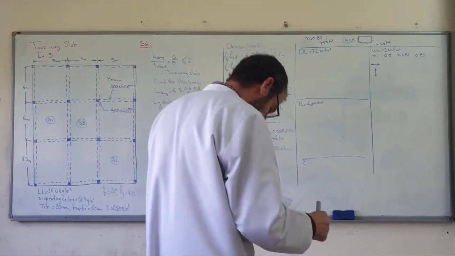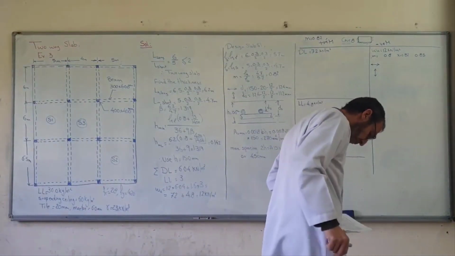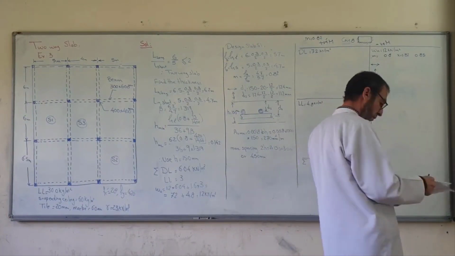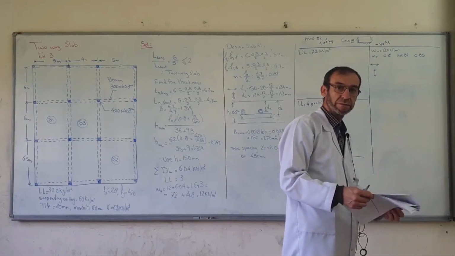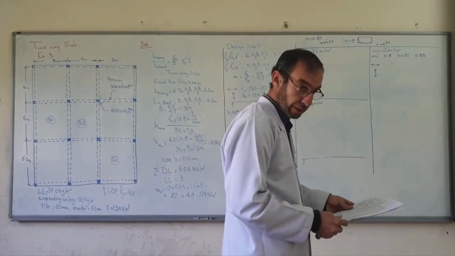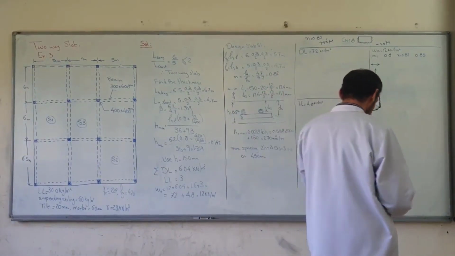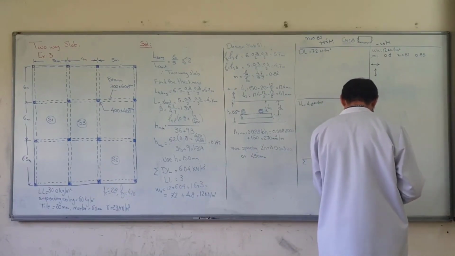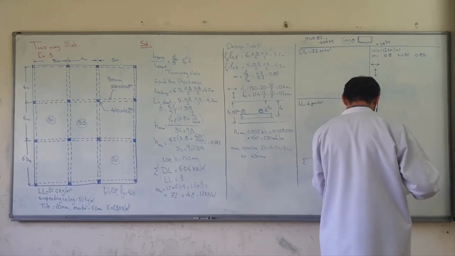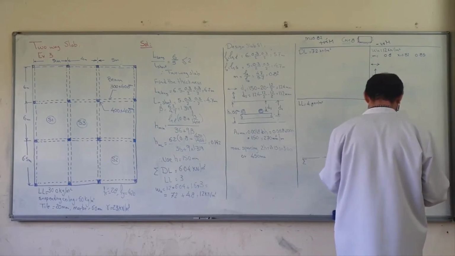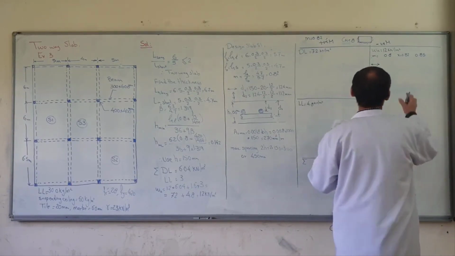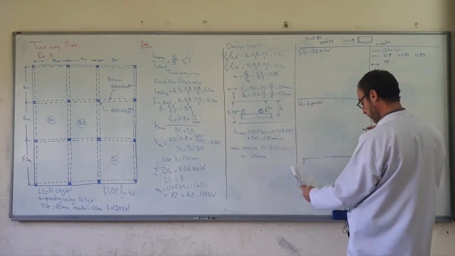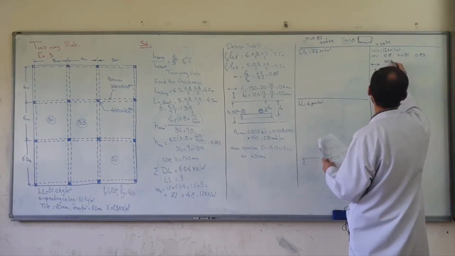Now I substitute these values here. For 0.8 in short direction is equal to 0.055.